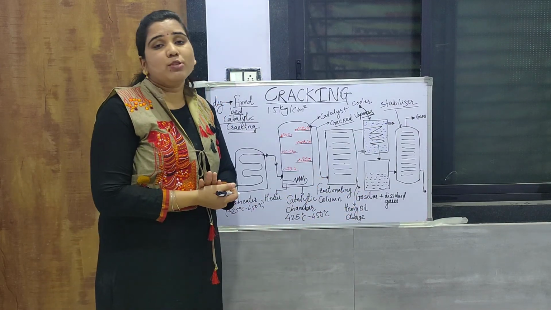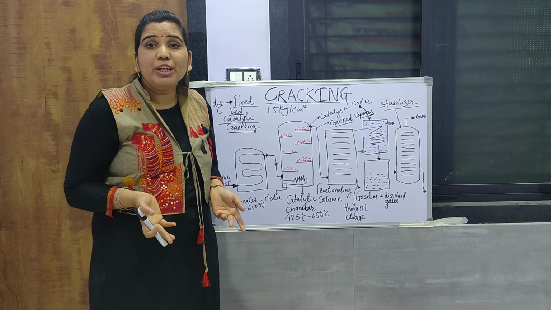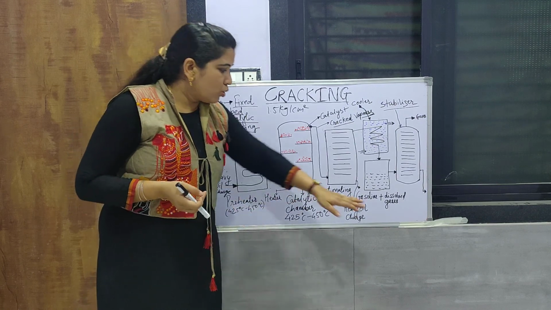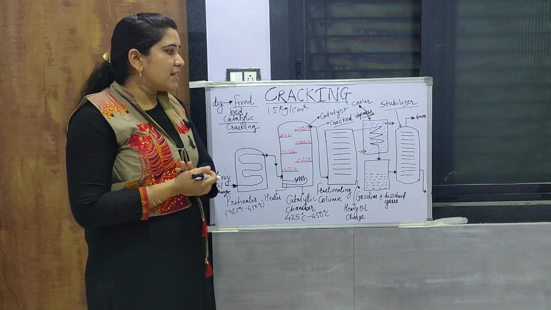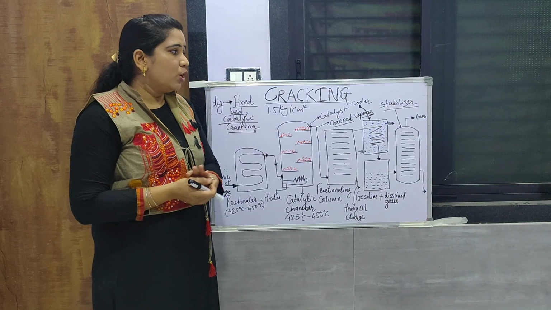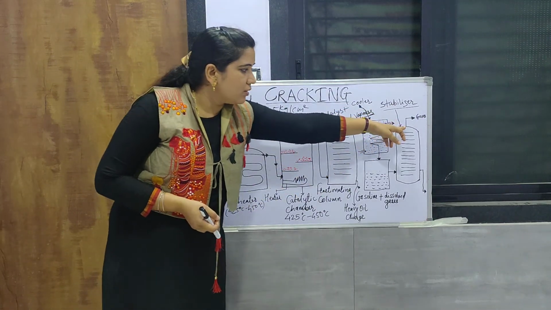With the gasoline there are different dissolved gases, which are nothing but impurities, so they have to be removed first. So it is passed to the stabilizer. While passing it towards the stabilizer, the remaining gases are removed from the upper end.